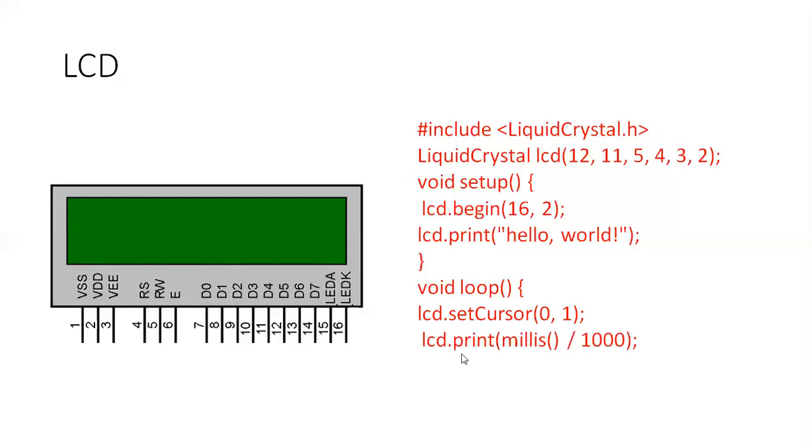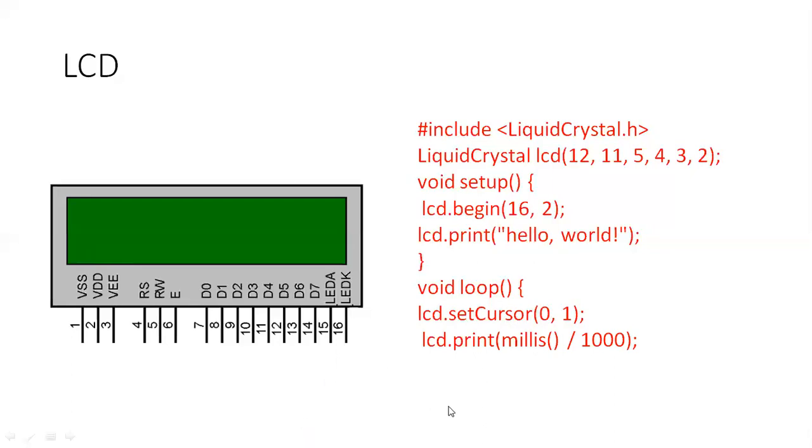Next one is lcd.print(millis()/1000). That means in the second row, at the first column, I'm just going to show how long it has taken, that is, how much time the program has been running. For example, 1 second, 1 minute.